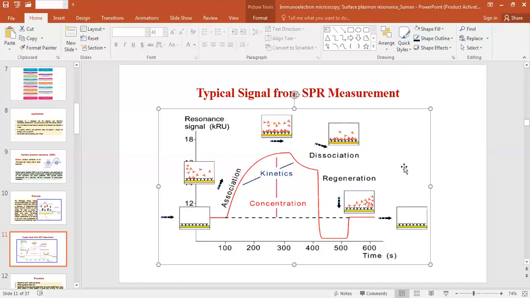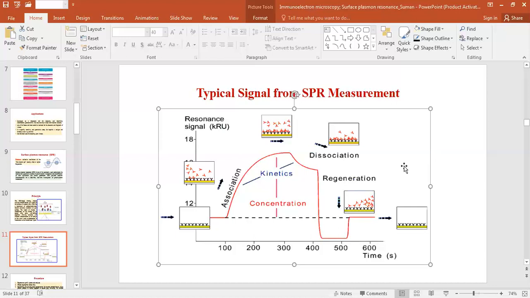Fitting the sensorgram data to an appropriate kinetic binding model allows calculation of kinetic parameters such as the association constant, dissociation constant, rate constant, and also the binding affinity that should be tested during this interaction study.